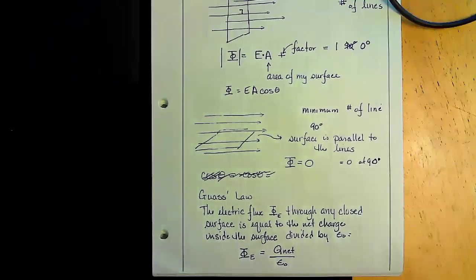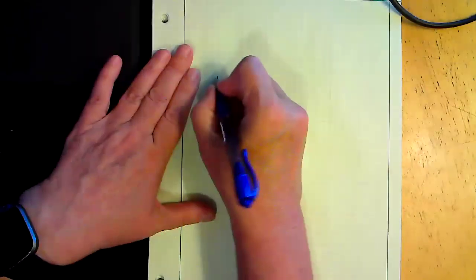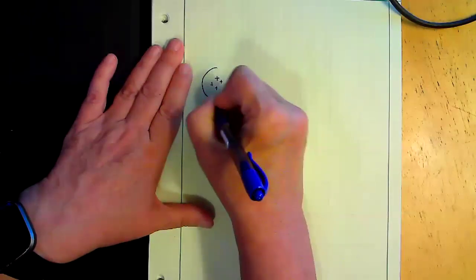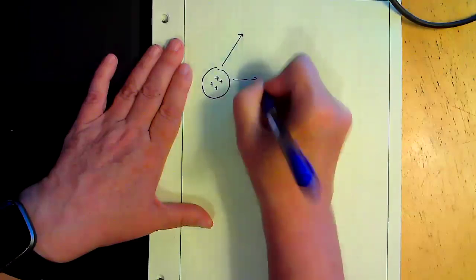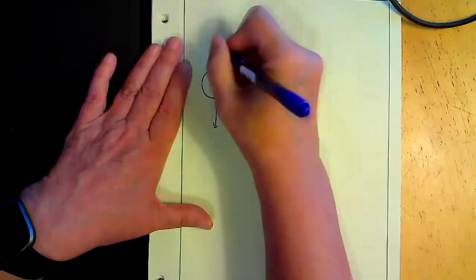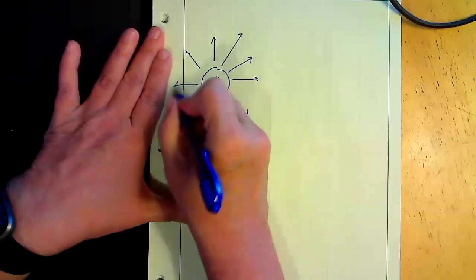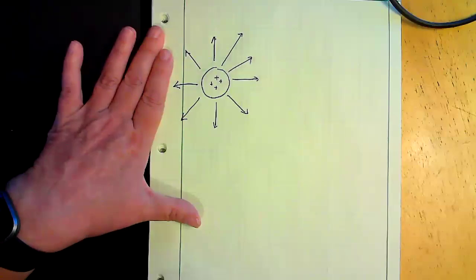So think about this for a second, okay? We just talked about the fact that I have a bunch of protons here, and we can generate my electric field around here. And we looked at our flux through that surface.